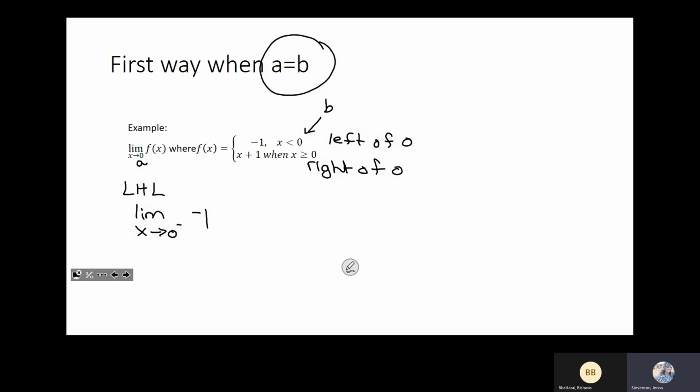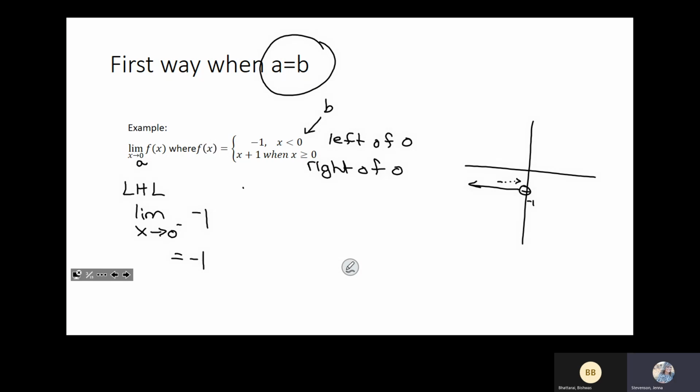And I know that graphically, less than 0, right here at -1, it's going to look like this. So from that left side, it's approaching -1. So this limit is -1, okay? So the limit of a constant is that constant.